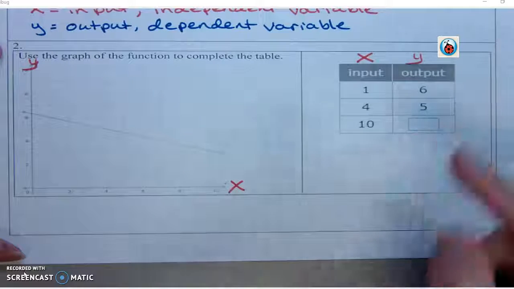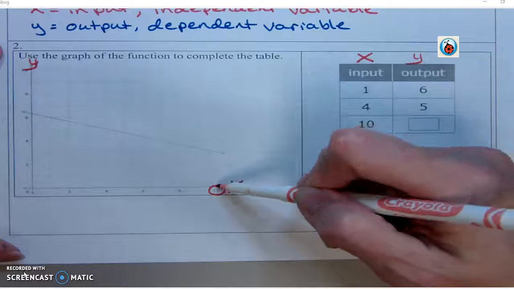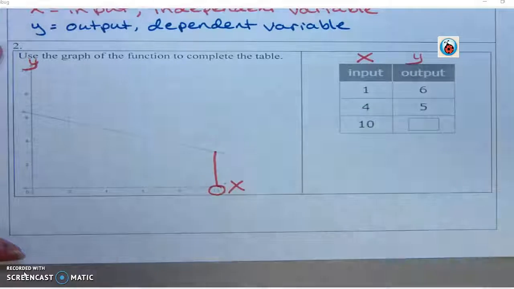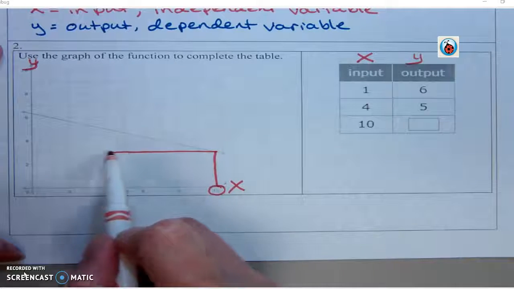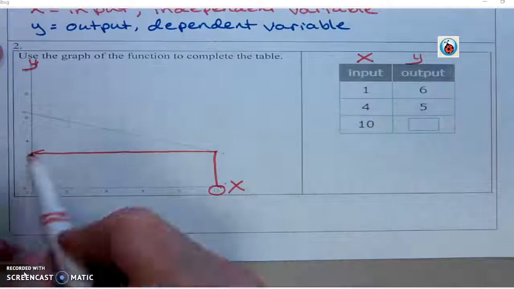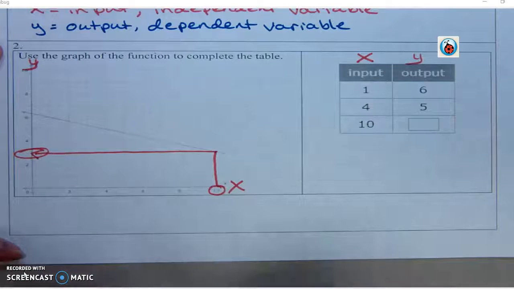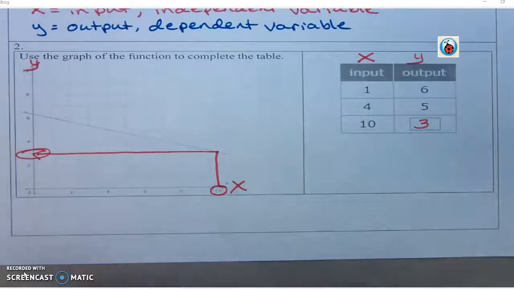Okay, so here is 10 on my X-axis. Go up to the line that has been graphed on the coordinate plane. Go over to the y-axis, and its corresponding output value is a 3. You can do this. This is great.